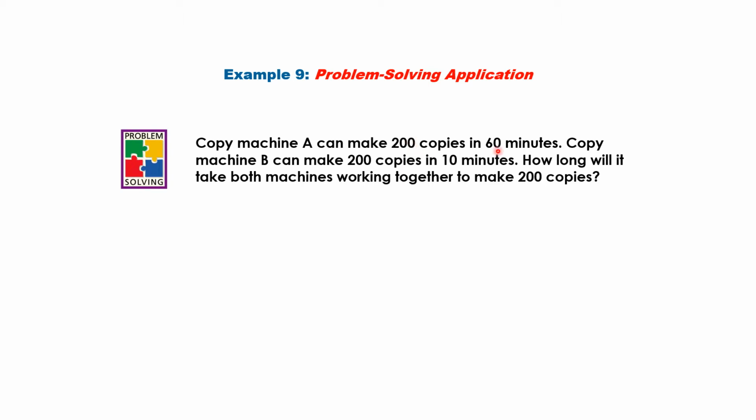Machine B is much faster because it can produce 200 copies in 10 minutes. If they work together, how long will it take both machines to make 200 copies?